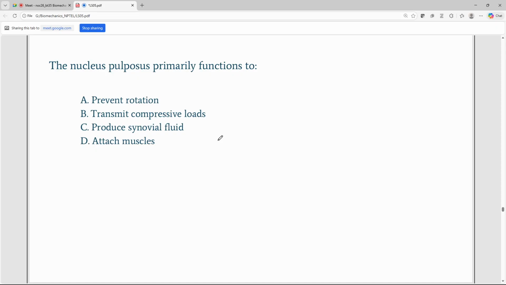That's a question from spine. The answer is option B, transmit compressive loads.